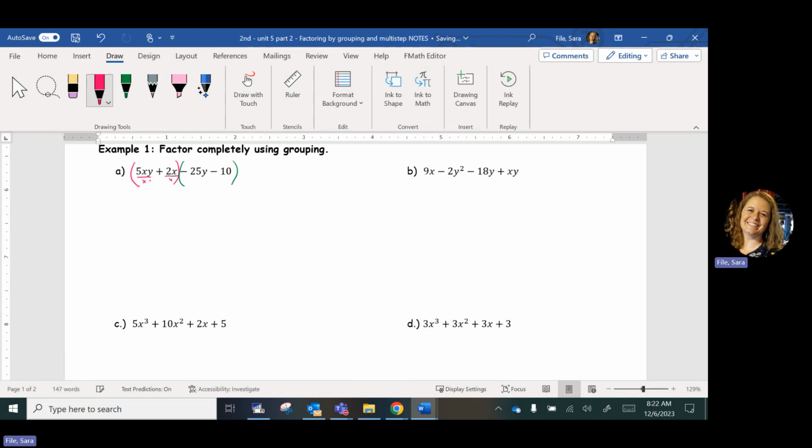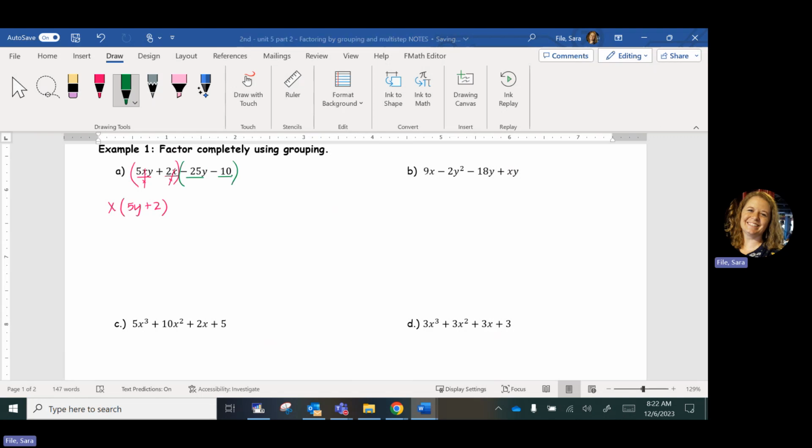Remember, you don't have to actually show the dividing by X, but for some people that's helpful. So if I divide out that X in this first term, I'll be left with 5y. And in that second term, I'll be left with plus 2.